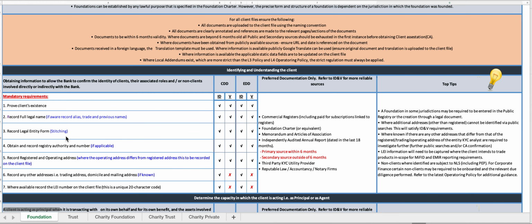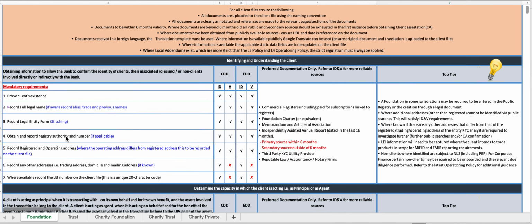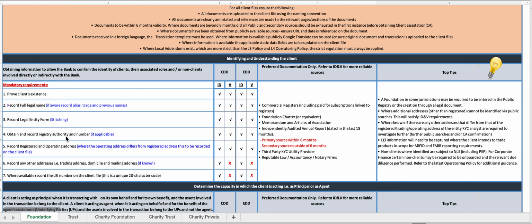Record legal entity form, obtain and record registry authorities and numbers if it's applicable, and record registered and operating address. So usually you can find all this on company or commercial registers. And record any other addresses, i.e. trading addresses, domicile or mailing addresses if you know any, and where available, records of LEI number on the client's file.